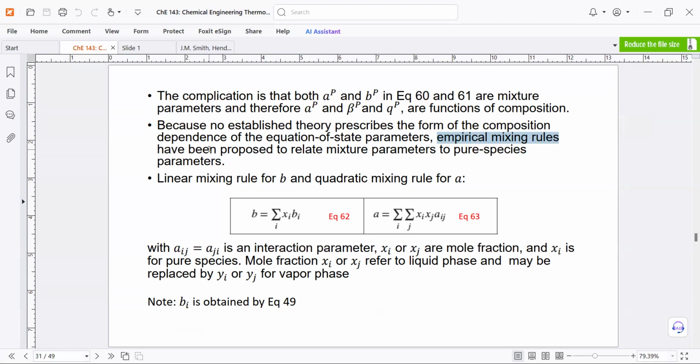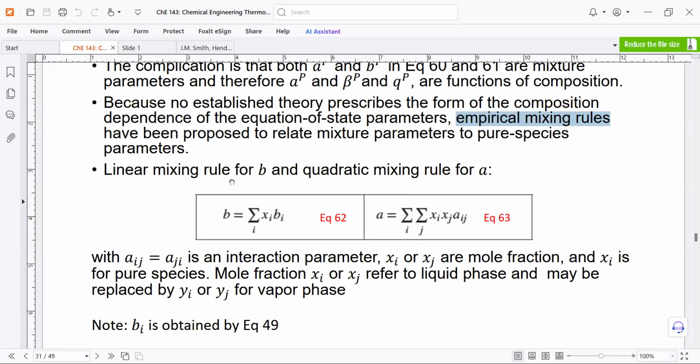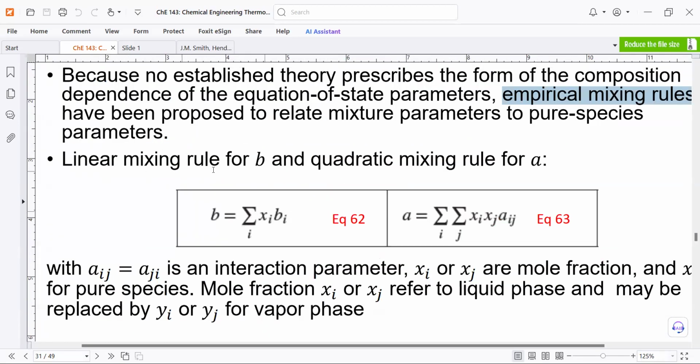These relate the mixture parameters A and B to pure species parameters. For example, for B, it's just a linear mixture. The B for the mixture is just a sum of the pure species B multiplied by its mole fraction. Okay? That would give you the mixture parameter B.